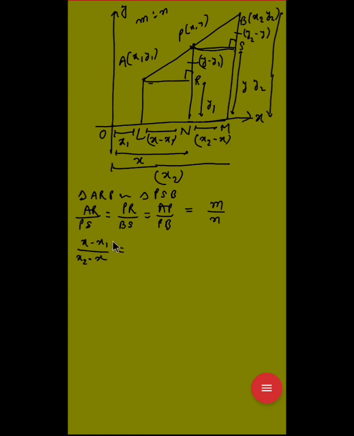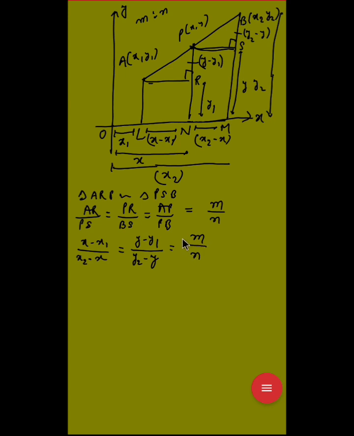Then put the sign of equality. Now for PR, the value is y minus y1, divided by BS, which is y2 minus y, and this is equal to m divided by n.